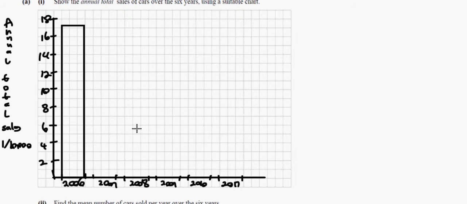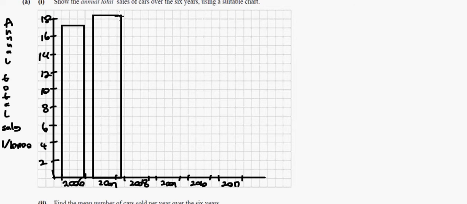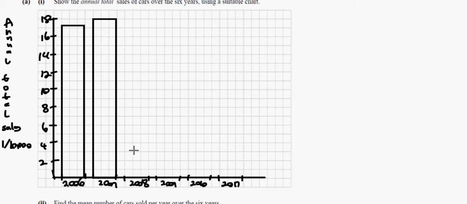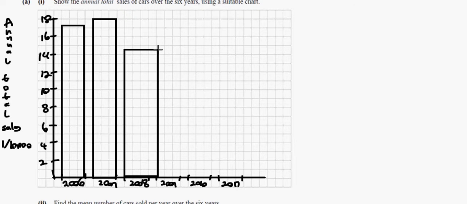The next one, the 2007, is 180,000. So that's going to be somewhere around the 18 mark. The 2008 total was 146,000. So it's going to be around 14 and a half, in between 14 and 15.